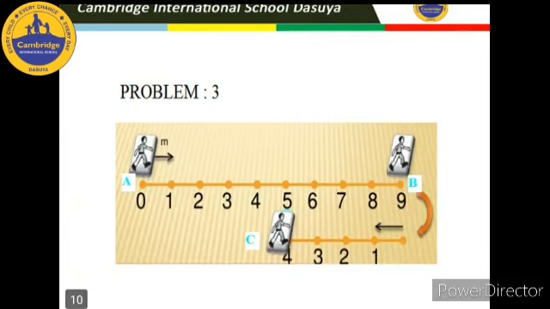Let's do another example. A man is at point A. After some time, the man reaches the point where it is written B. And then after some time, he reaches a point where it is written C. Now, in this figure, if we have to find out the distance covered by the man from point A to B, then it is 9 minus 0, that is 9 meters.